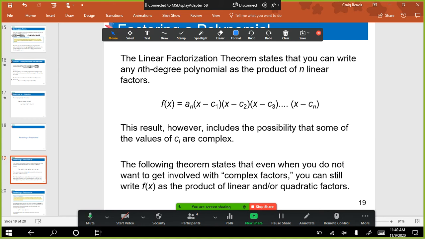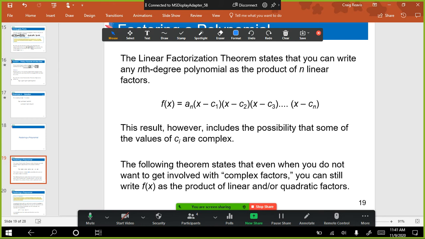This result, however, includes the possibility that some of the values of c_i are complex, right? Because the fundamental theorem of algebra states that if you have a fifth degree polynomial, there are exactly 5 zeros, but they don't all have to be real. They can be imaginary too.